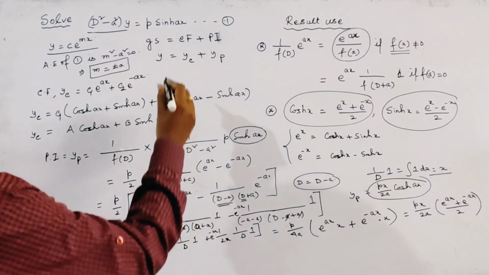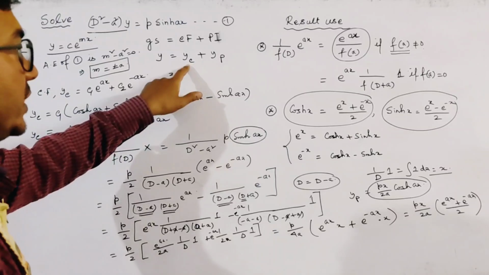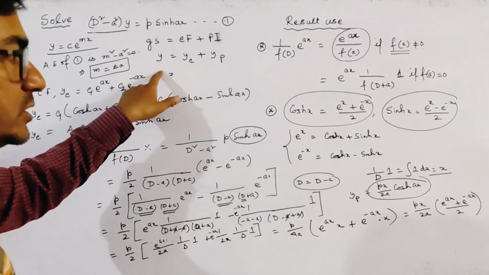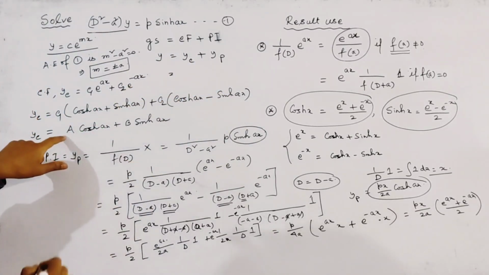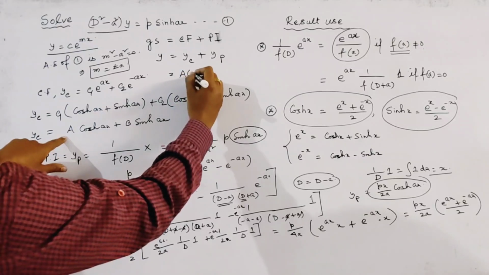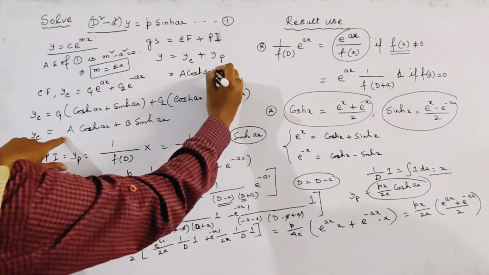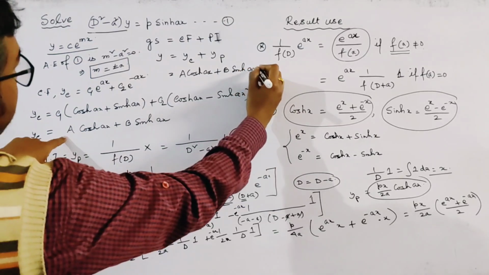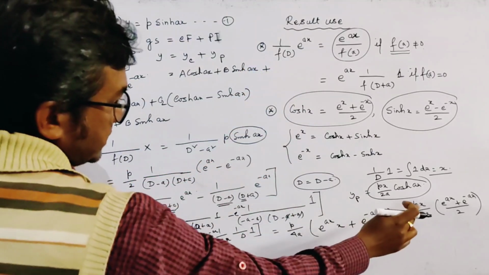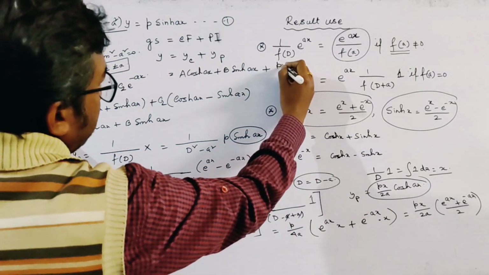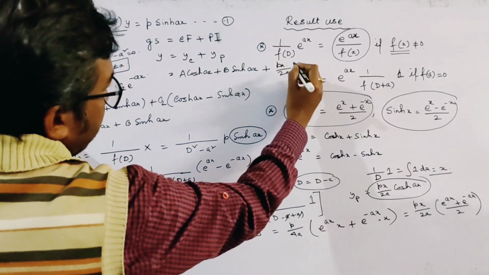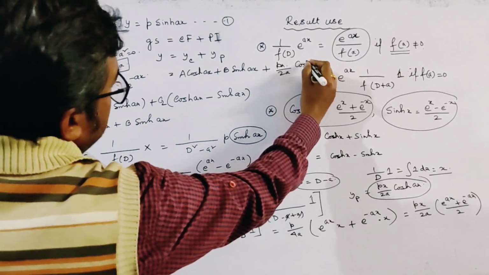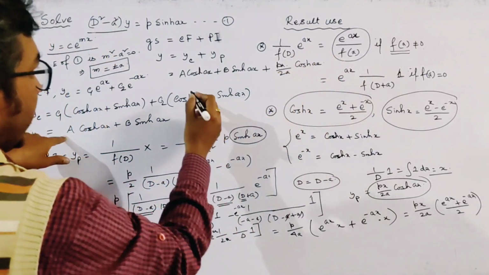Now we write yc and yp to get the general solution. The general solution becomes a cosh ax plus b sinh ax, plus px by 2a cosh ax.